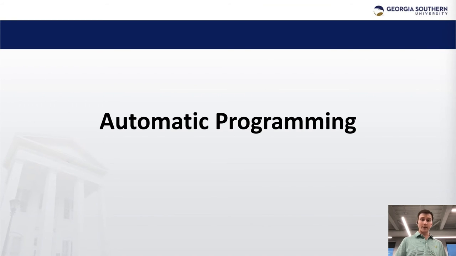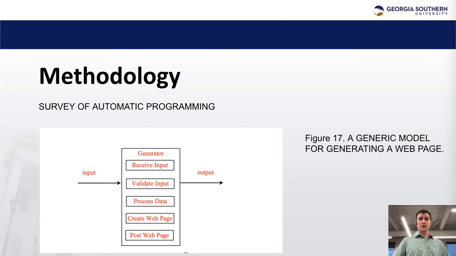We'll take a look at automatic programming. So, a generic input can be applied to a process, right? In this process, a web page output can be generated. In the case of the automatic word match generator, input is entered from text fields and stored in arrays. Then validation checks if key terms or their descriptions are empty.